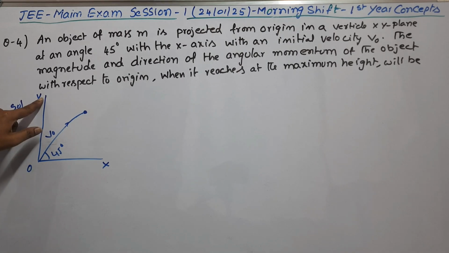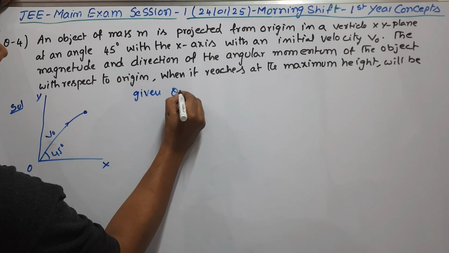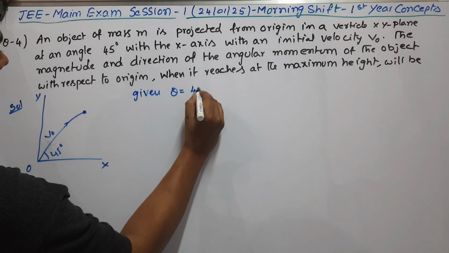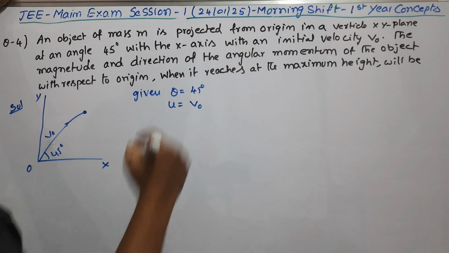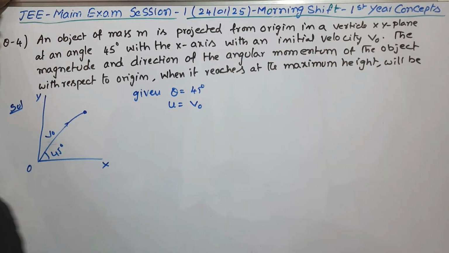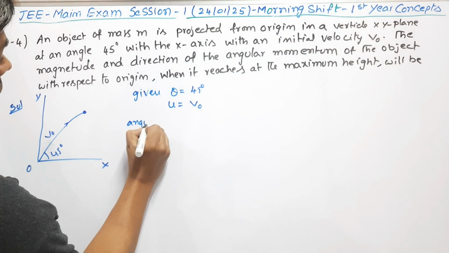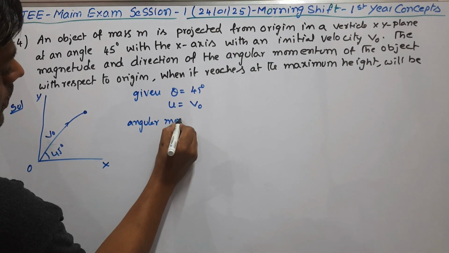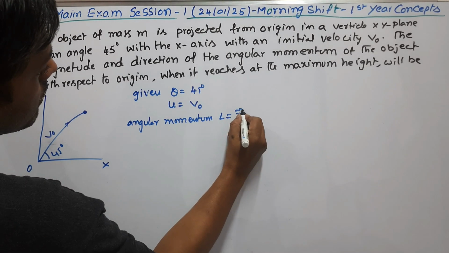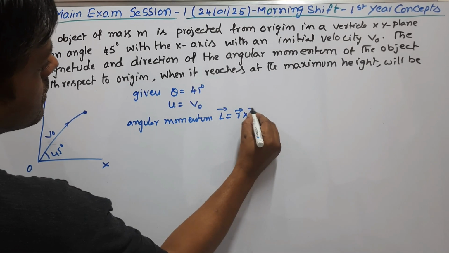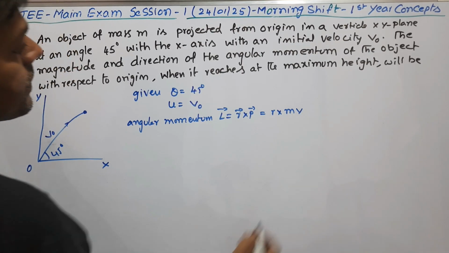Given the angle of projection theta is equal to 45 degrees, and the initial velocity u we can take as v naught. He is asking for angular momentum. What is angular momentum? L is equal to r bar cross p bar, that implies r into m into v, isn't it.